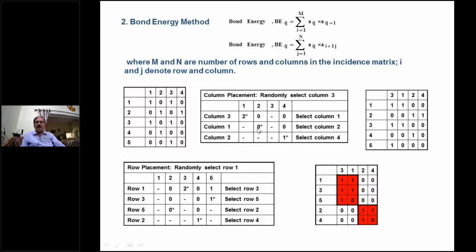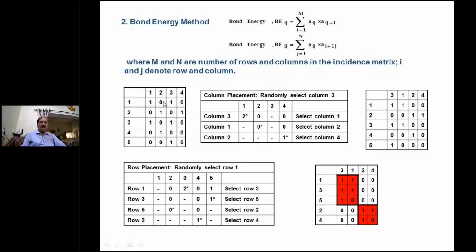So column 2 is selected, then similarly you find with column 2, and column 4 will be selected. So 3 1 2 4 is selected. That is, 3 1 2 4 will be the rearrangement of the columns.